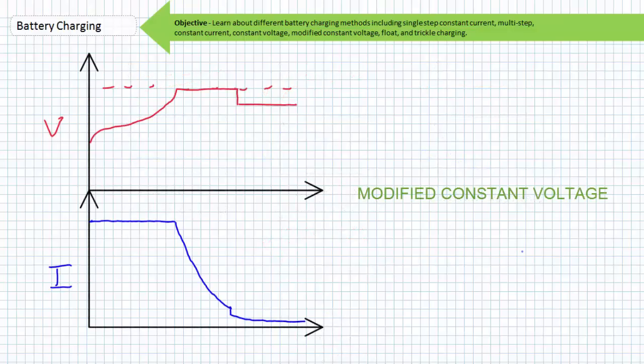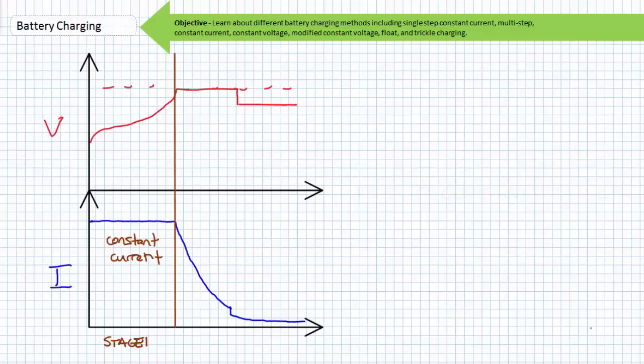The modified constant voltage charging method is typically characterized by 3 stages and 2 important set points that define the transition between stages. First, this method uses a constant current stage, where charge current is limited to the maximum safe current allowable by the battery manufacturer.